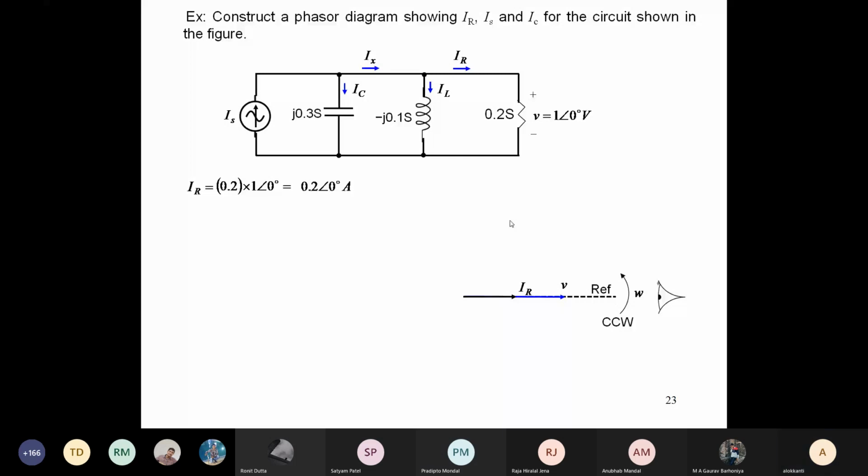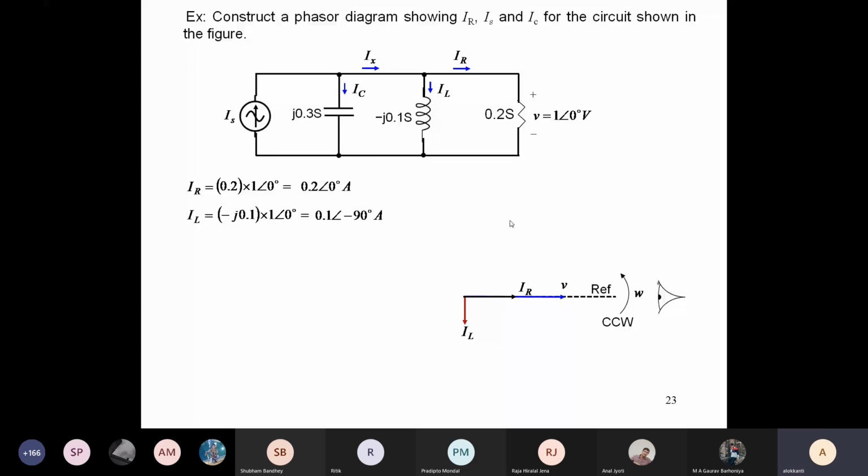IL equal to the voltage times minus j0.1, which is 0.1 angle minus 90 degrees. So where is the phasor? Minus 90 degrees, downward. It is exactly between the third and fourth quadrant with a magnitude of 0.1.